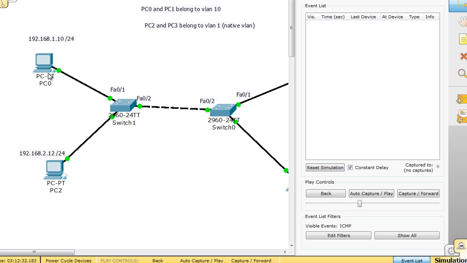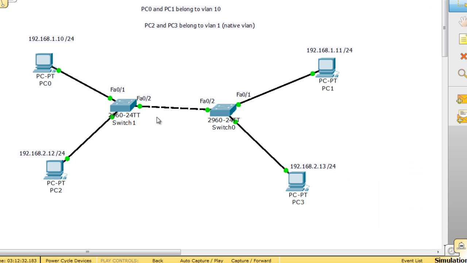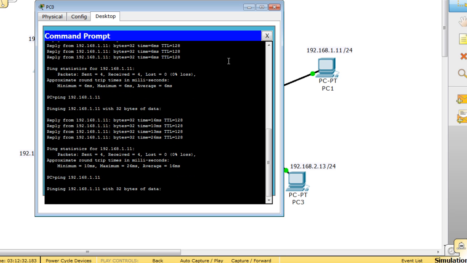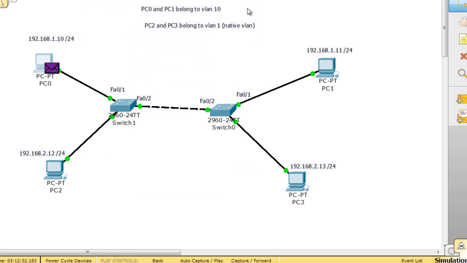I'm going to try to ping from PC0 to PC1 up here. So let's open up a command prompt up here. Okay, ping, and let's go and watch the packet. You see this packet up here as it is leaving.